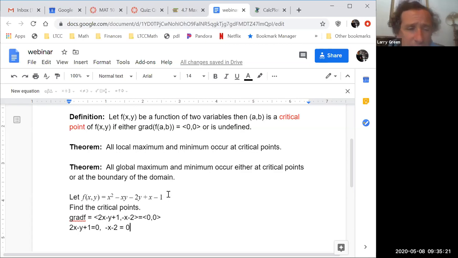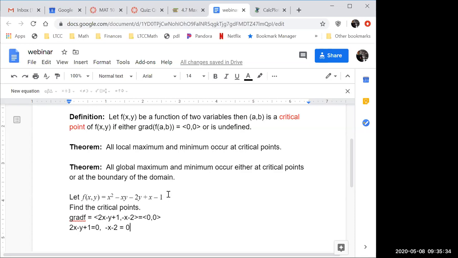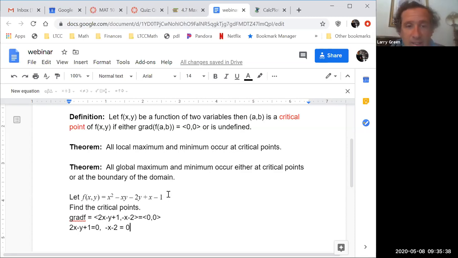I'm going to note something else, and I'm hoping this is obvious: is the gradient ever undefined? It can be. In this example, no. This is a polynomial. Polynomials are as good as they get. The gradient is perfectly defined.